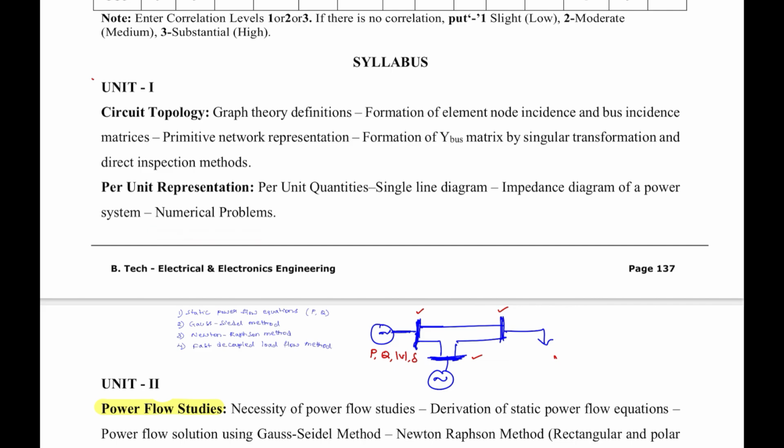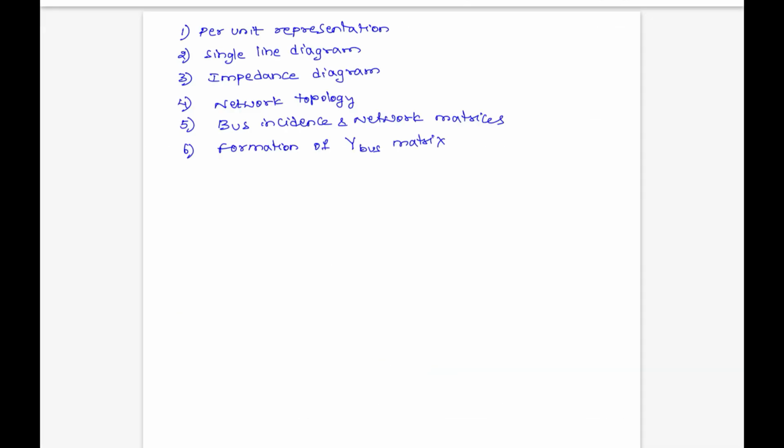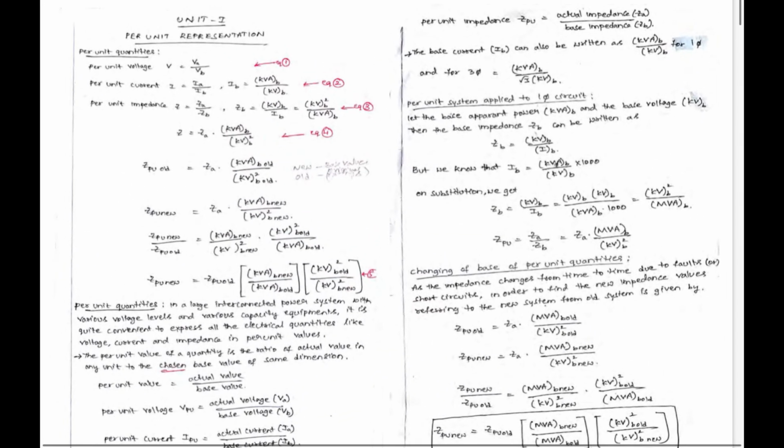First we will try to understand what exactly a per unit system is, and after that we're going to cover the circuit topology. Let us try to understand the per unit system.